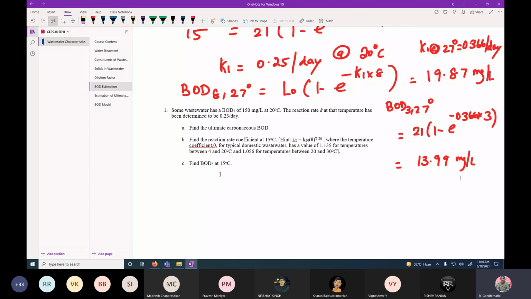Find the ultimate carbonaceous BOD. Then find the reaction rate coefficient at 15 degree temperature. Find BOD 5 at 15 degrees Celsius.